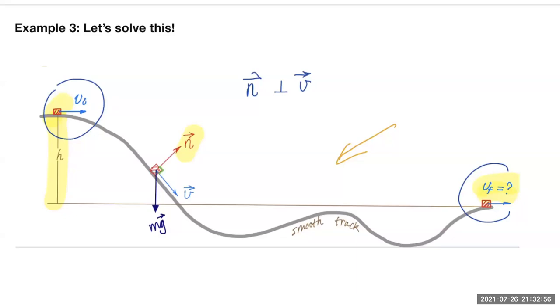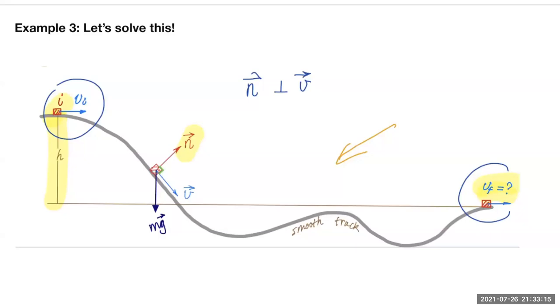How do you find the final speed? Again, don't start with F equals ma in its original form, because it's not going to give you an easy answer. But we can try the work energy theorem relating initial state and final state. We have the initial state right here.